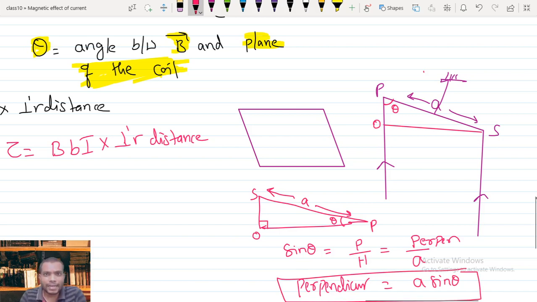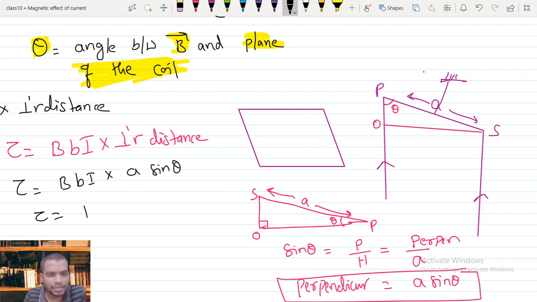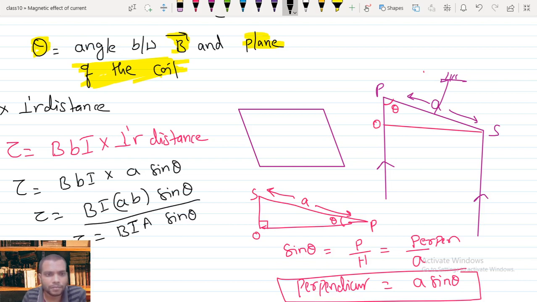So if I take that expression here, tau equal to capital B times small b times I times small a sine theta. Now this changes to capital B times I times small a and small b times sine theta. Now tau equal to B I times capital A, where in the place of small a and small b I can replace with capital A sine theta.